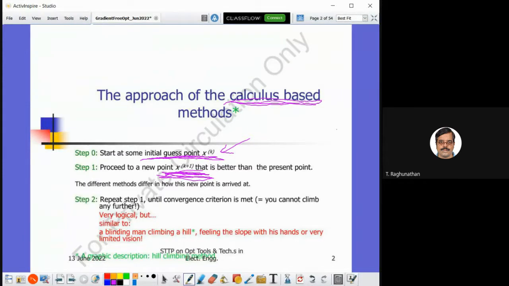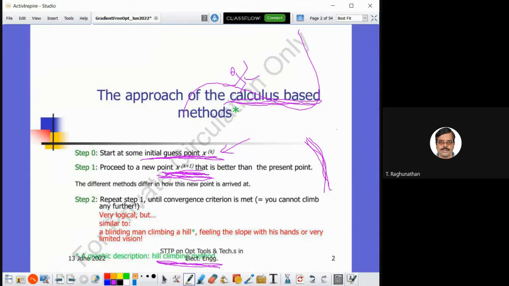But today, still on the topic, all these gradient based methods are also known as hill climbing methods. Why hill climbing methods? Because if you have a hill like this, you think the man is standing here.